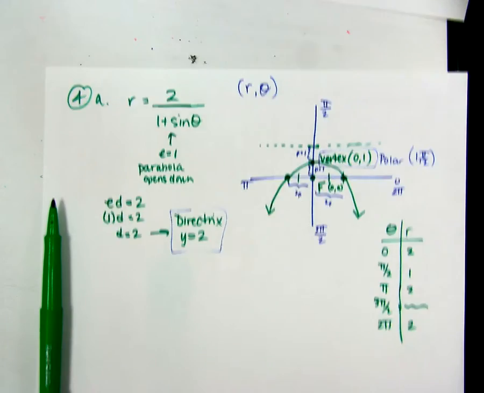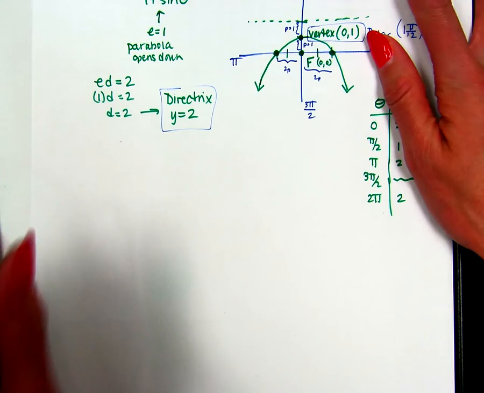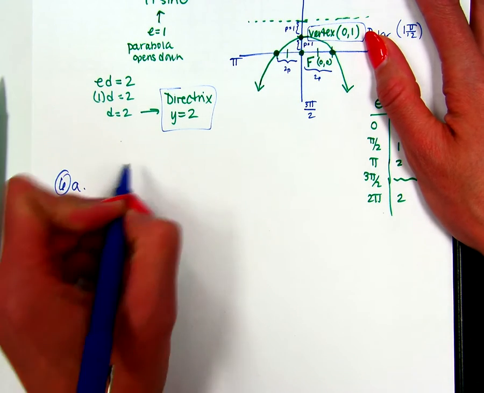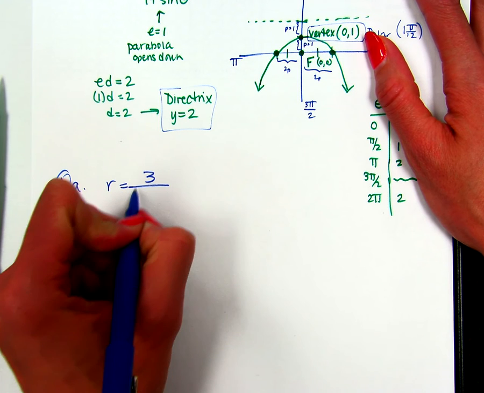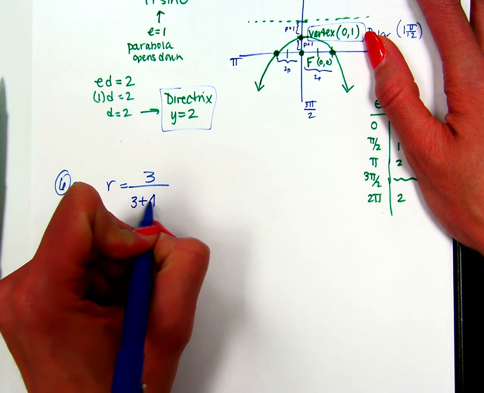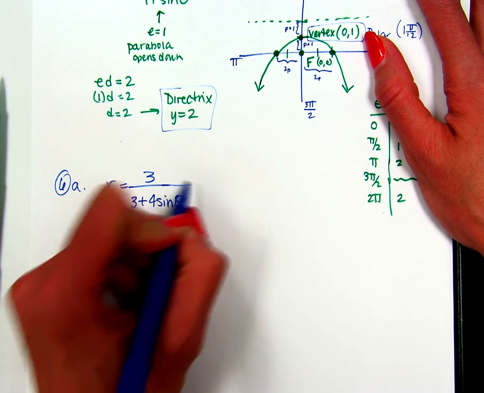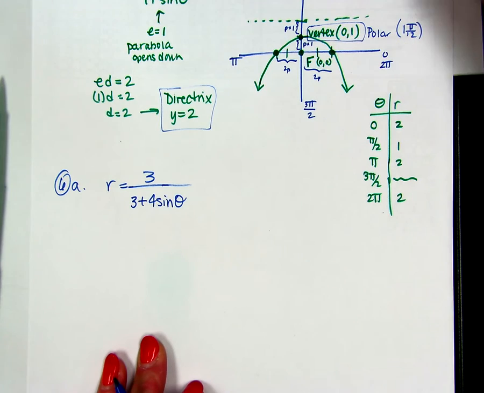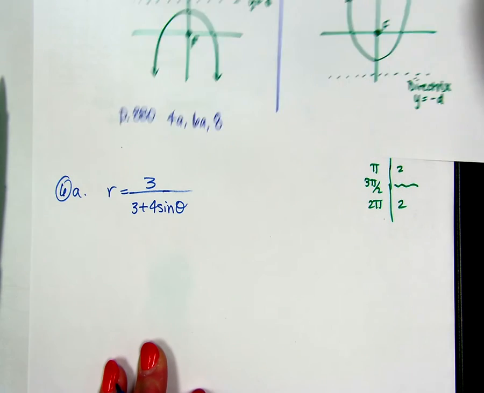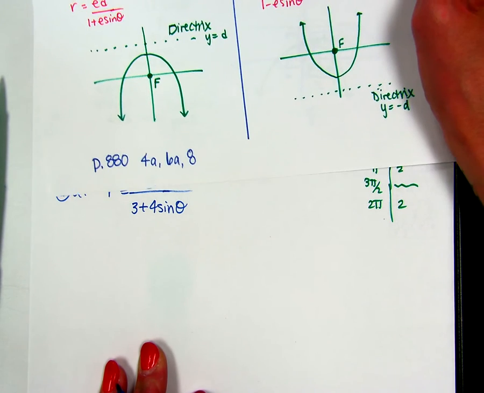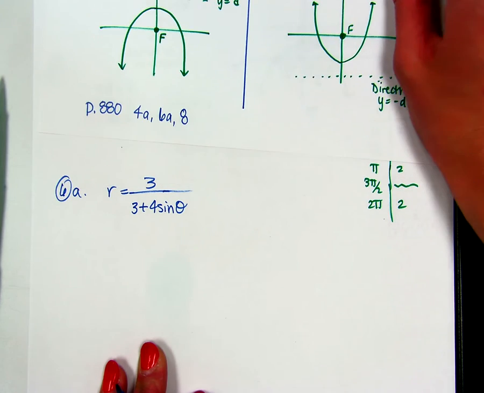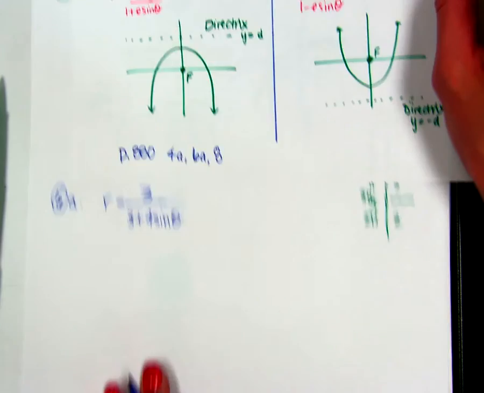All right, next problem, we have 6a. So that gives us r equals 3 over 3 plus 4 sine theta. All right, so we can match up which equation it is. It's this one. Again, same one.